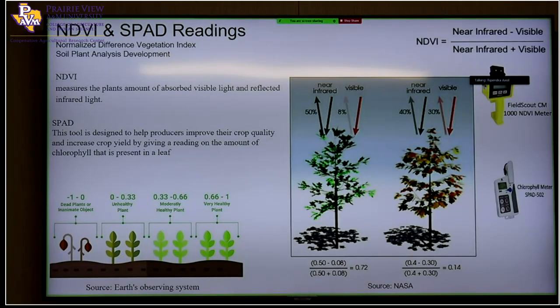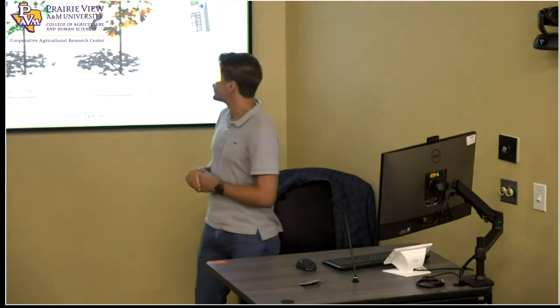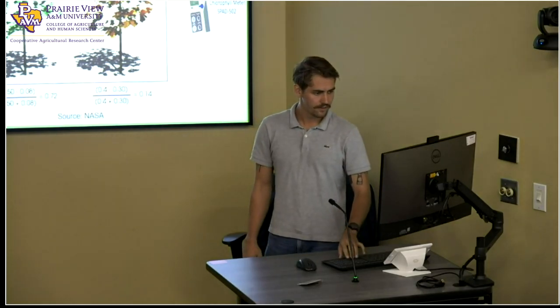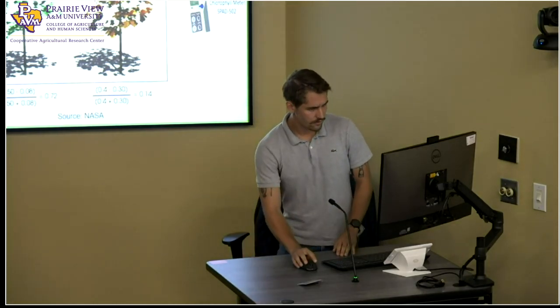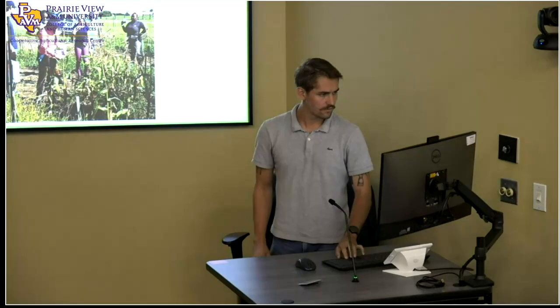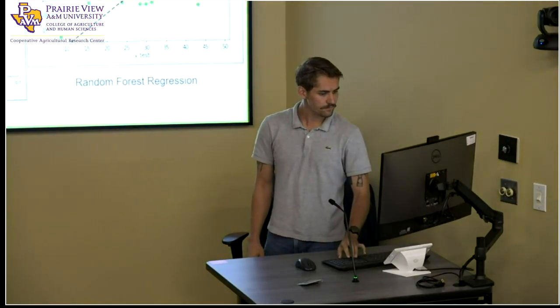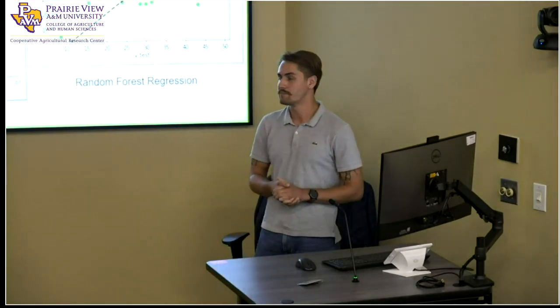A healthy plant will. And so if you look at, for example, down here, for a healthy plant, it is reflecting a lot of near-infrared light and absorbing a lot of visible light, so you get a higher value for NDVI. And so, no correlation was found between the 2.